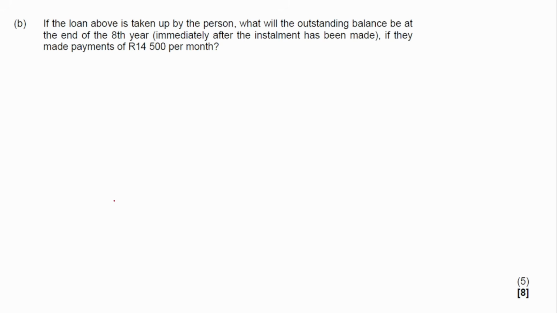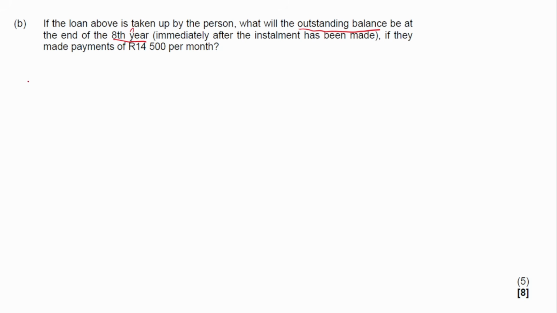Okay. In part B, I say if the loan above is taken up by the person, what will the outstanding balance be at the end of the 8th year? So immediately after this installment has been made, if they made payments of 14,500 per month. So again, this 8th year is related to our n, and we're trying to work out the outstanding balance.